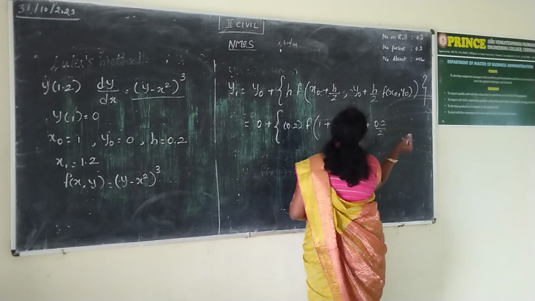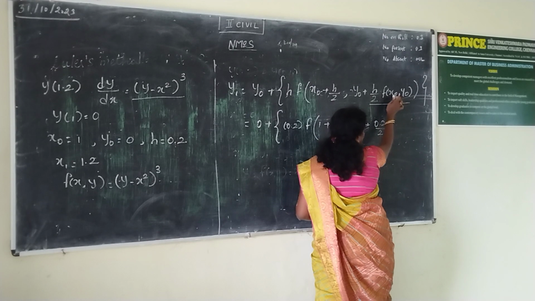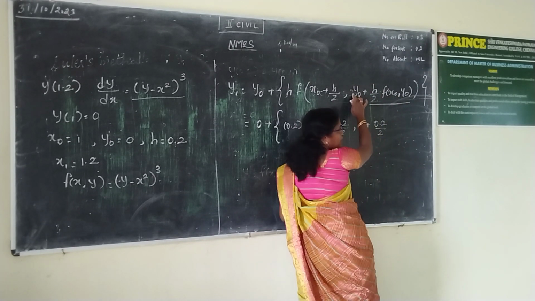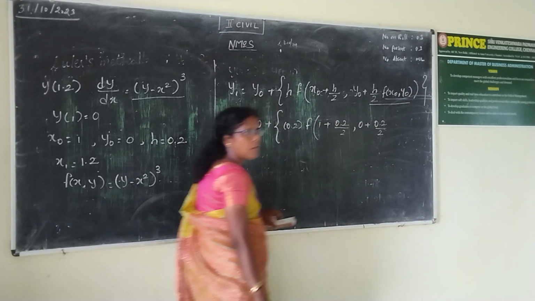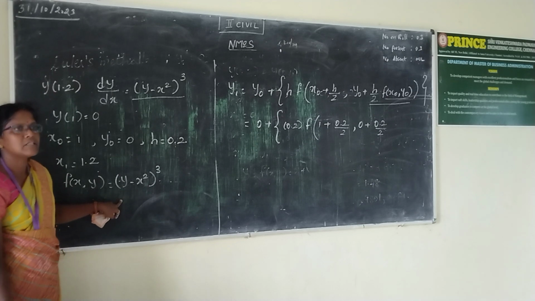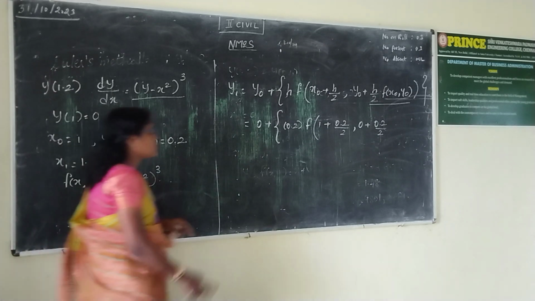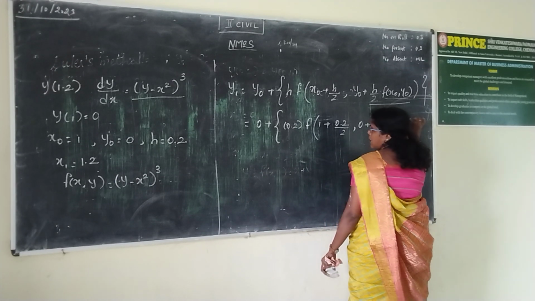0.2 by 2. Remember, all these are one value. You have to calculate this first. Don't make any mistake. What you have to do here: f of x naught comma y naught. Here in f of x comma y, replace x and y with x naught and y naught. So for this problem, y naught value is 0 and x naught is 1.